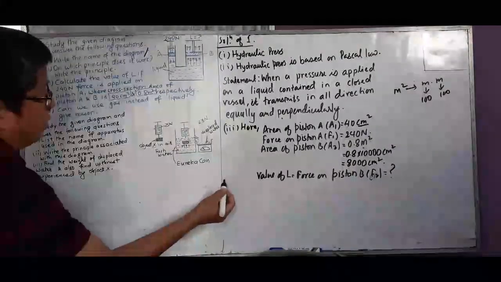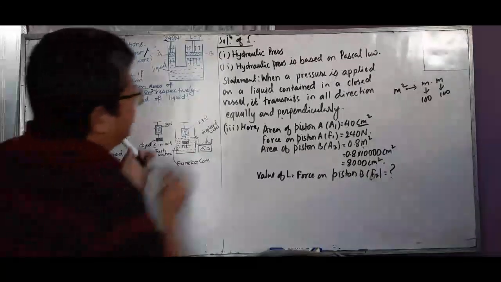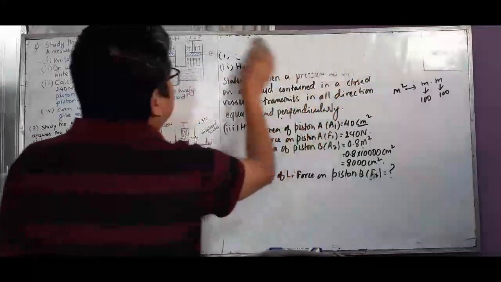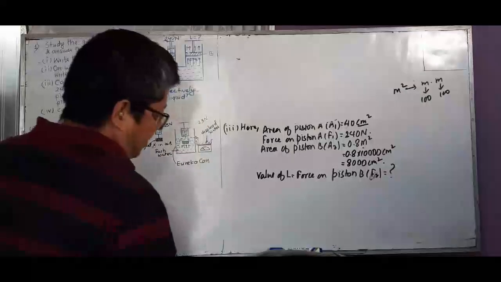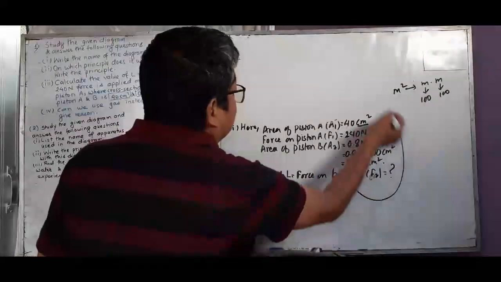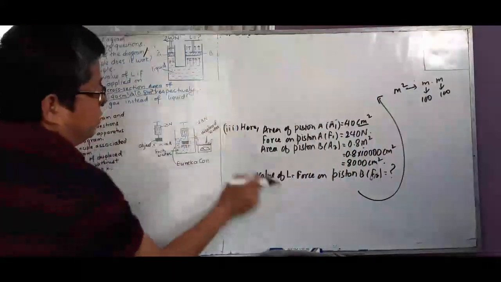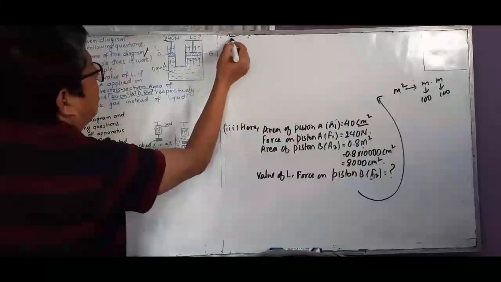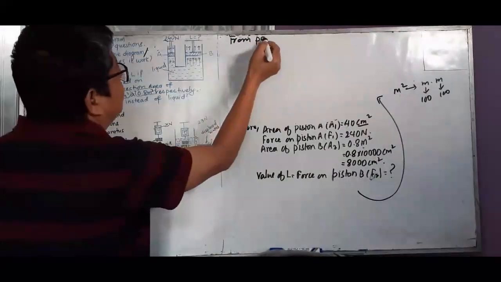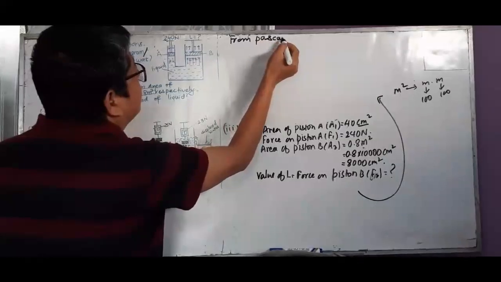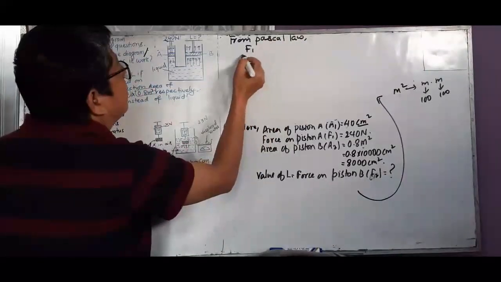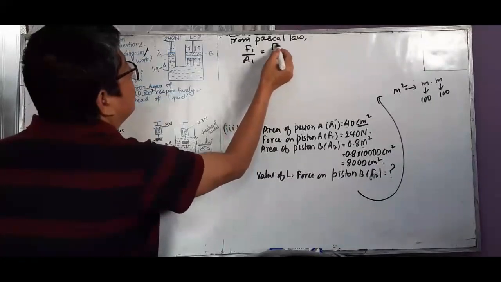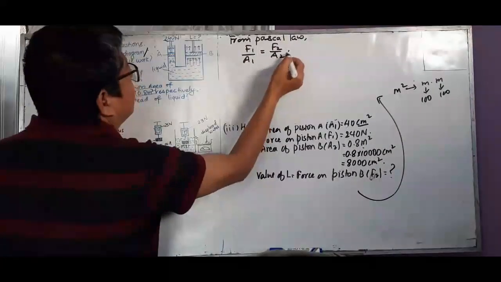So we can solve it in the first part. Solve it here. So from Pascal law, F1 by A1 equal to F2 by A2.